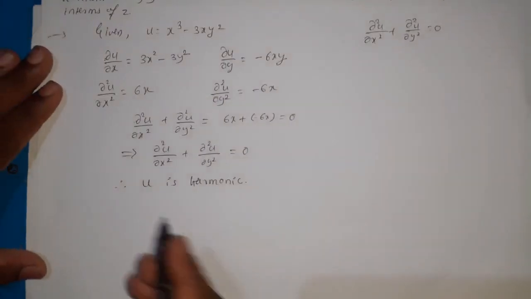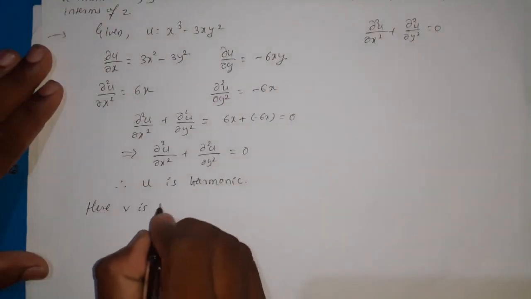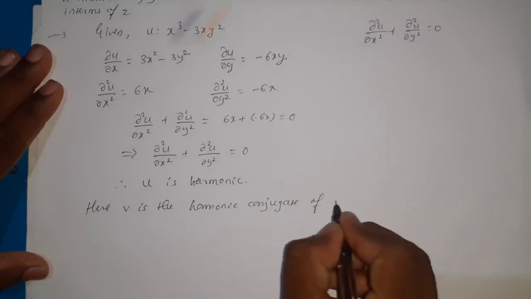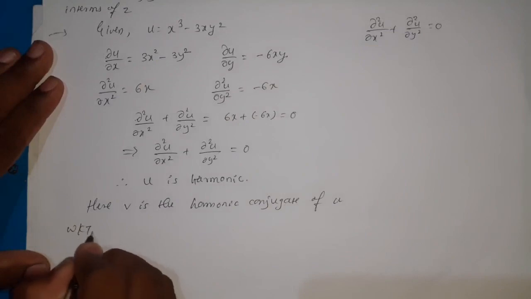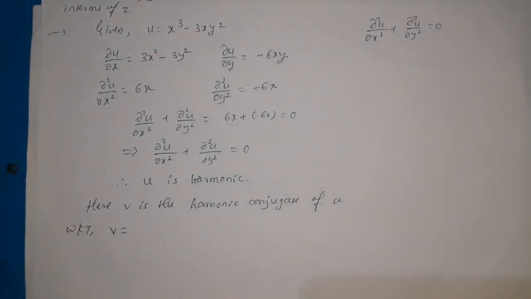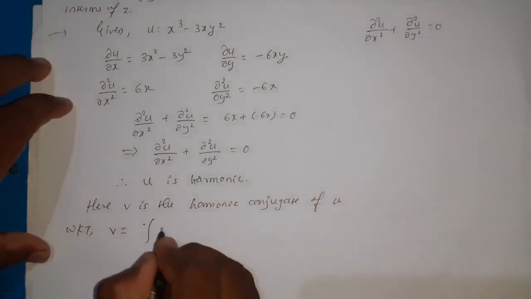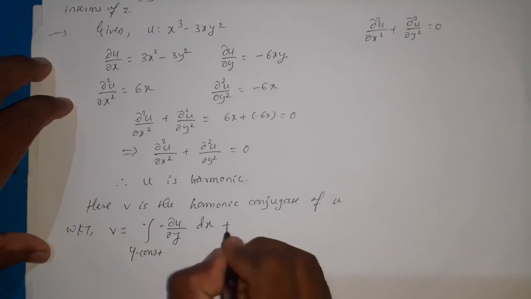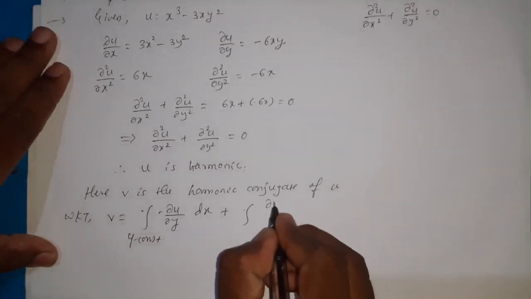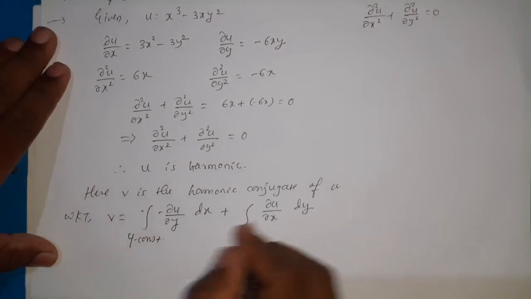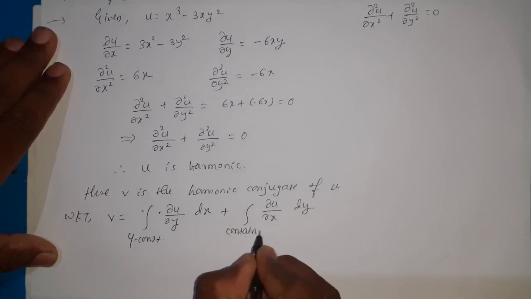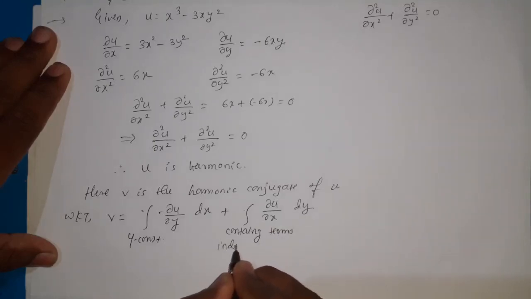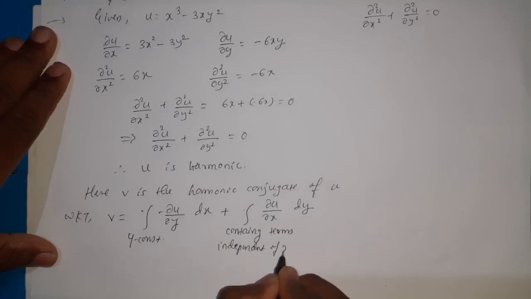So here v is the harmonic conjugate of u, and we know that the formula for v is integration of minus ∂u/∂y into dx, treating y as constant, plus integration of ∂u/∂x into dy, treating or containing terms independent of x.